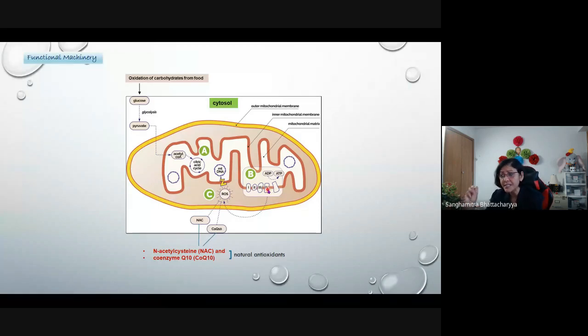This ATP synthase is a multi-subunit membrane-bound enzyme of the mitochondria, which utilizes this proton electrochemical gradient generated by the respiratory chain for helping in the synthesis of ATP.